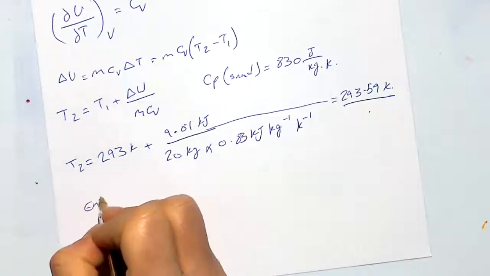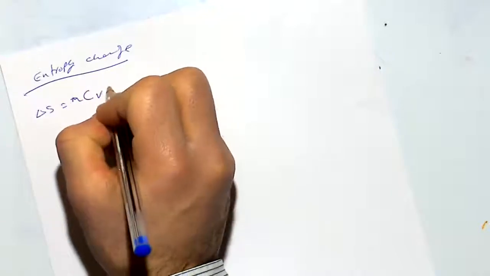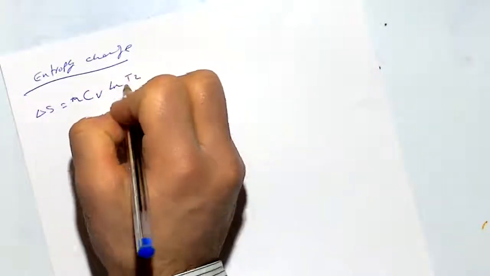Entropy change. Actually, let me do that here. Entropy change: delta S equals mCv log of T2 over T1.